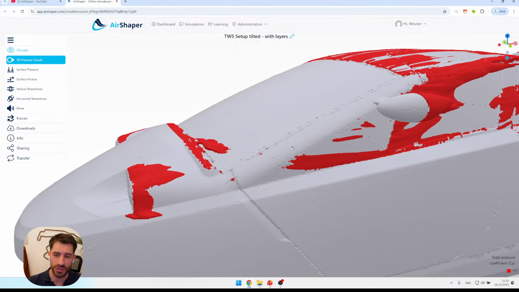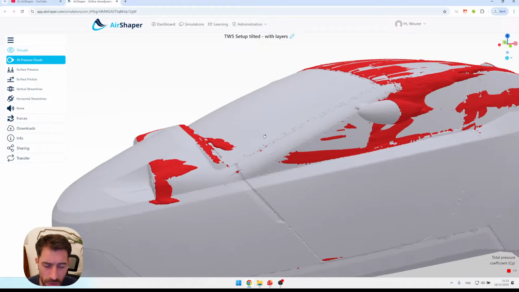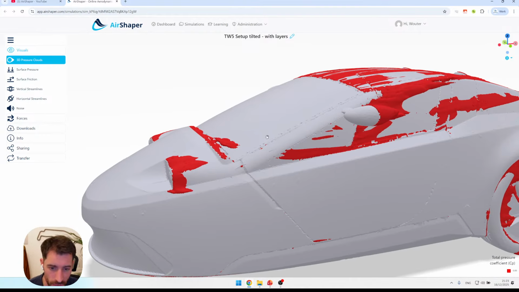By the way, a short note on the resolution. The bulk of the design work was done at medium resolution, which is what we call our regular simulation of 10 million cells. We also have one of 1 million cells, very low resolution, and also one of 100 million cells. We ran a mesh sensitivity study, which means we would run simulations at 1 million cells, 10 million cells, 100 million cells, just to see when you get reliable convergence or stagnation of your forces as a function of your mesh count.